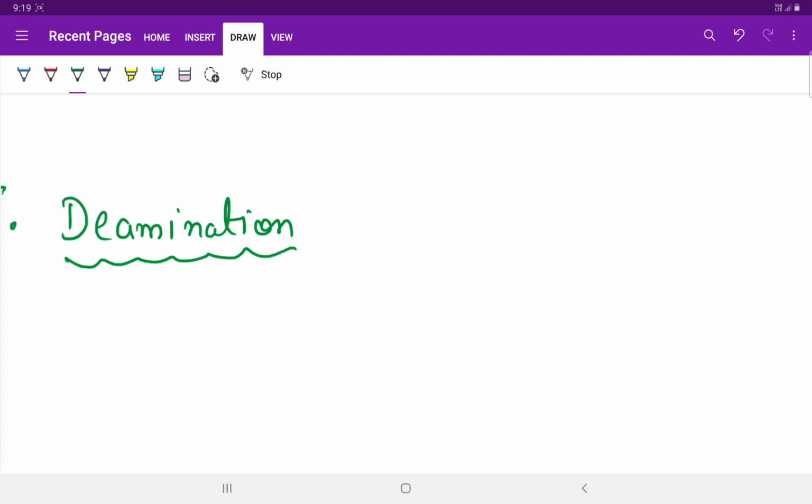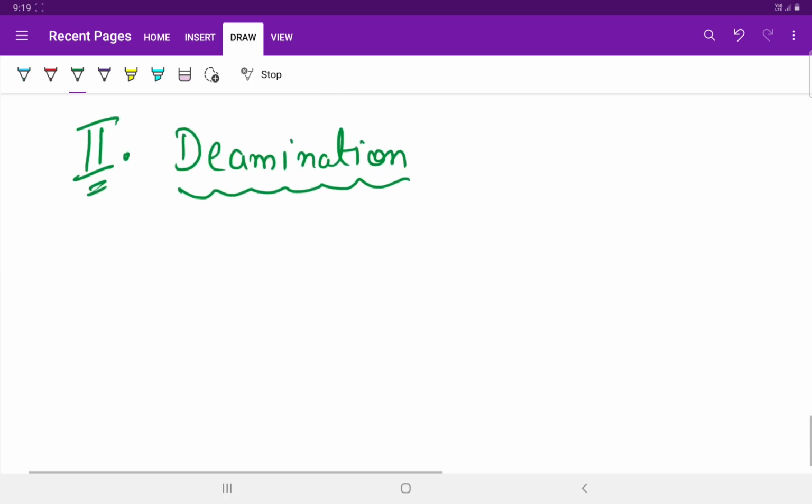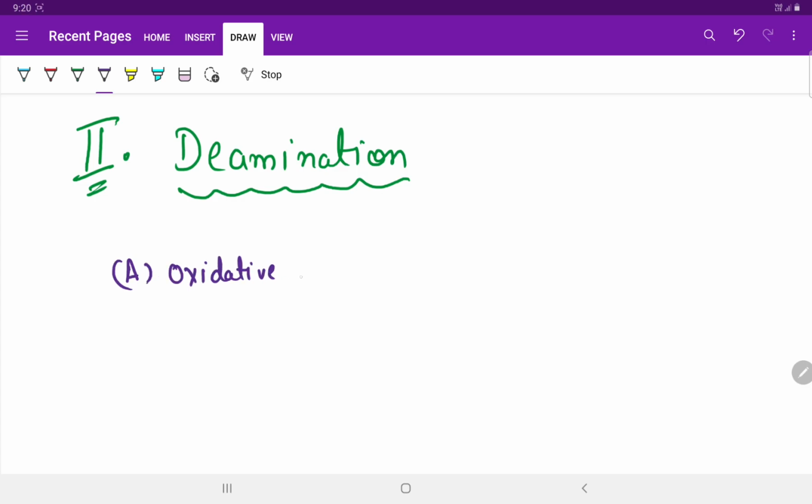We shall be completing only the reactions of these. So the A part is oxidative deamination. So how does this oxidative deamination take place?